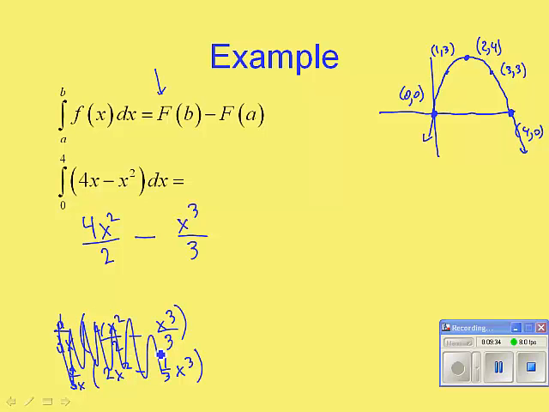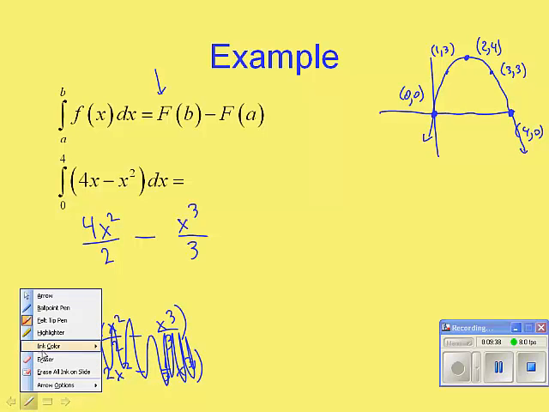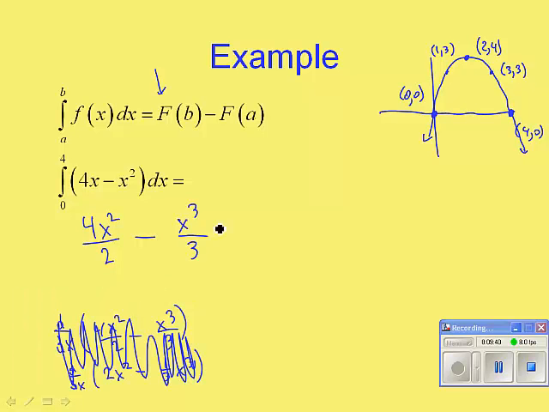Oh, I'm going to do something once here, and then never do it again. Never do it again? I thought we always have to do that, right? Plus c. Why did I say I'm never going to do it? It turns out you never have to do it when you have this kind of integral, which is called what? Definite integral.